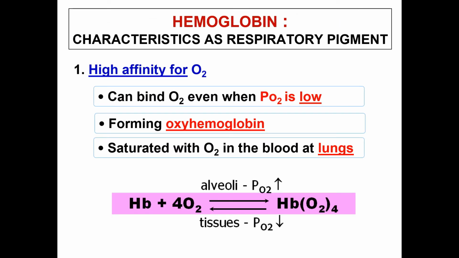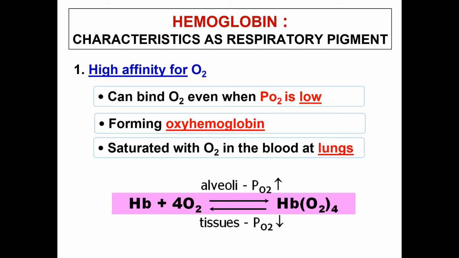Okay, sekarang tadi adalah ciri-ciri hemoglobin sebagai satu protein dan sebagai bahan yang efektif untuk mengangkut oksigen. Sekarang ni adalah ciri-ciri hemoglobin as respiratory pigment. Kenapa ia penting dalam respiratory pigment? Kenapa dia cekap membawa oksigen? Itu yang kita nak kena bincangkan.